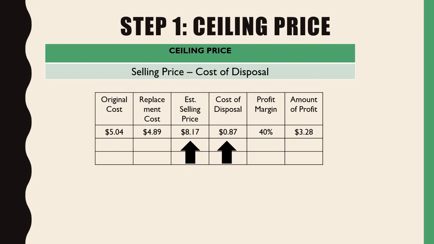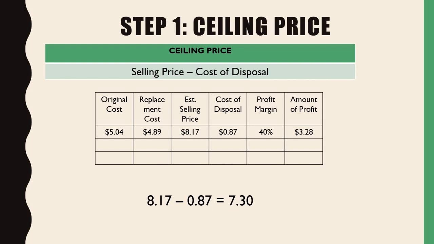Okay. And of course, I want at least a 40% profit out of this, so I want at least $3.28. Okay. So in this case, the ceiling is going to be your selling price of $8.17 minus that cost of disposal, which is 87 cents. So again, simple math. You take 8.17 minus 87 cents, and you're going to get $7.30.